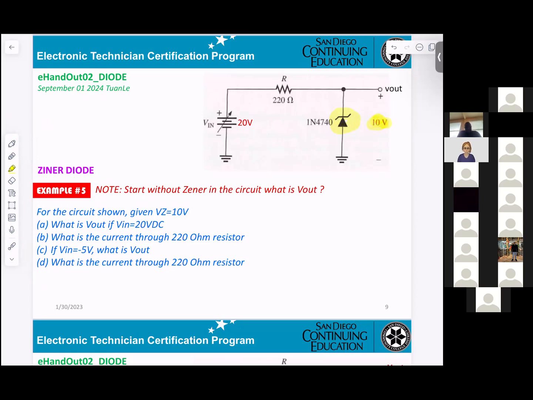That will be telling you what we are supposed to get: 10 volts. How come you get 10 volt?